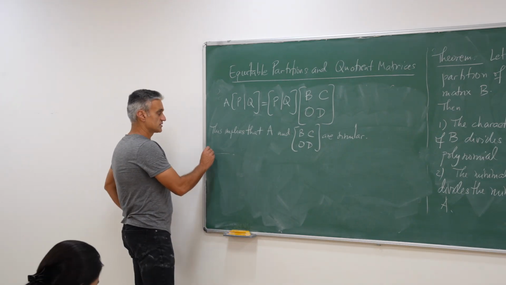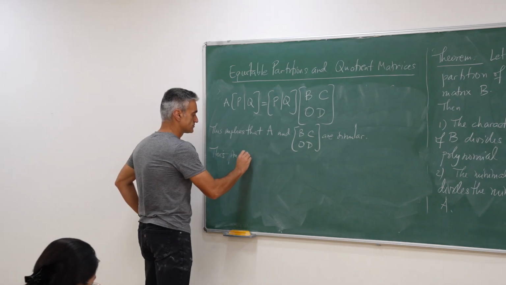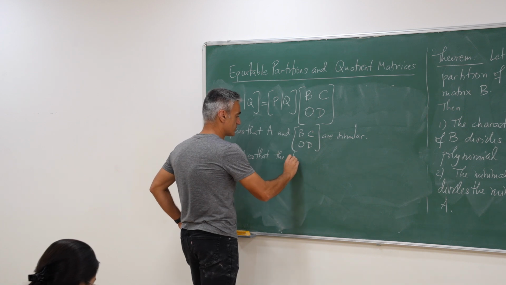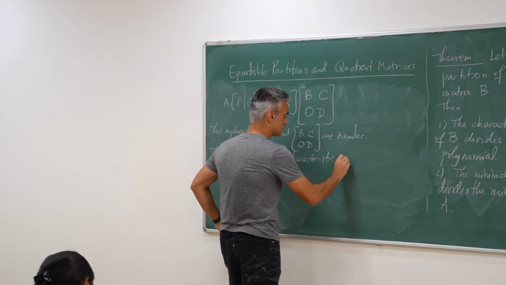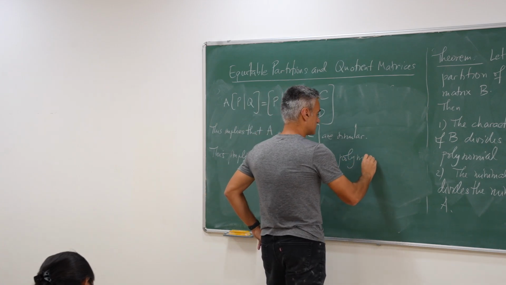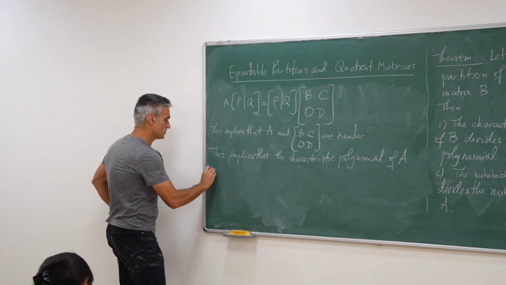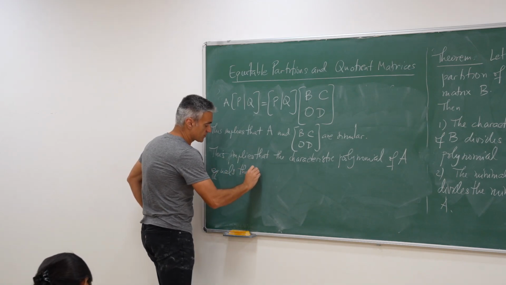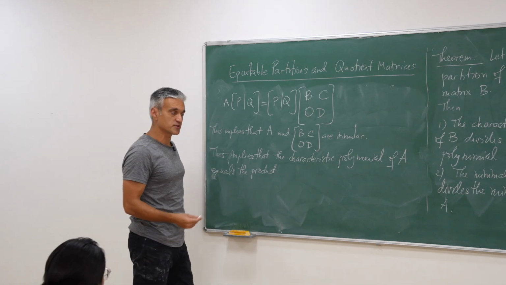So this implies that the characteristic polynomial of A equals the product of the characteristic polynomial of C, the characteristic polynomial of B, and the characteristic polynomial of D. I'm writing this out because I haven't given a notation for the characteristic polynomial.